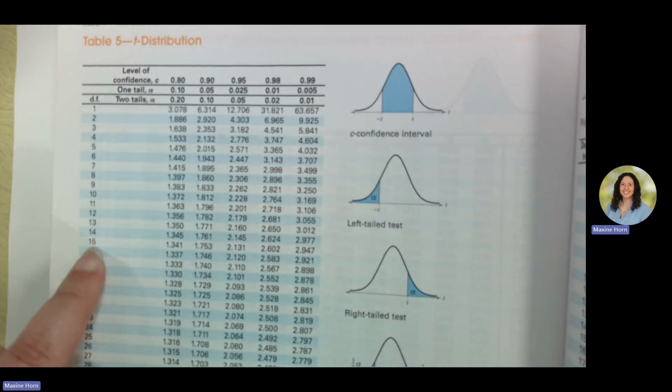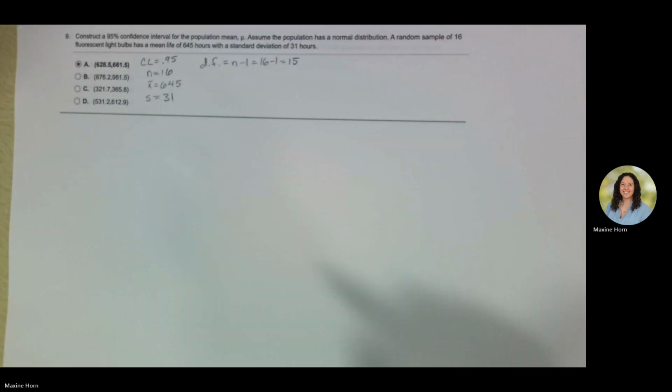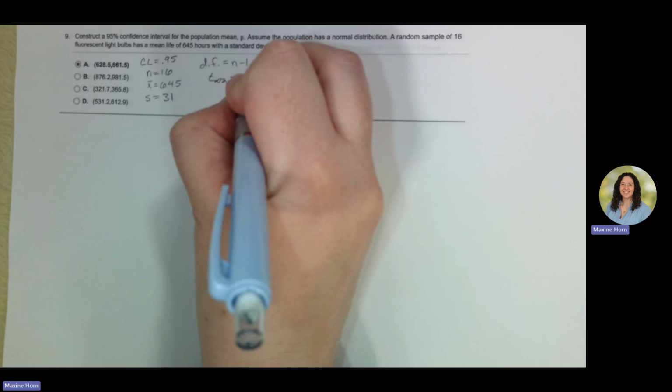So I'm going to say, where does 15 intersect with the 0.95 column? That gives me a t alpha halves of 2.131. So my t alpha halves is 2.131.